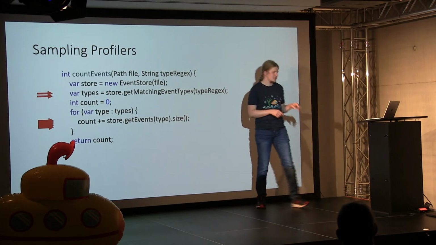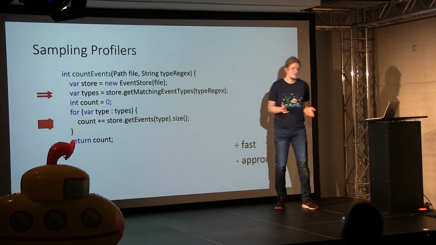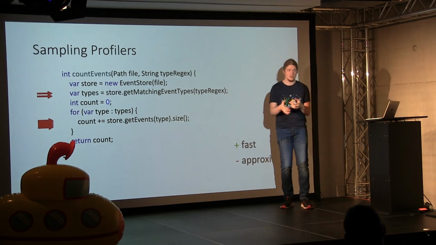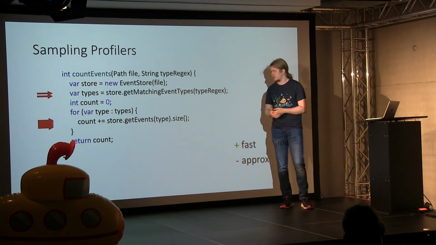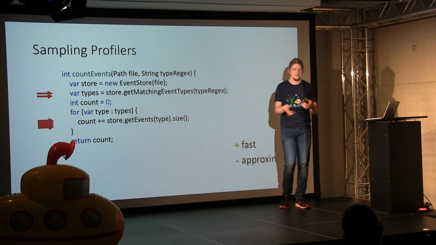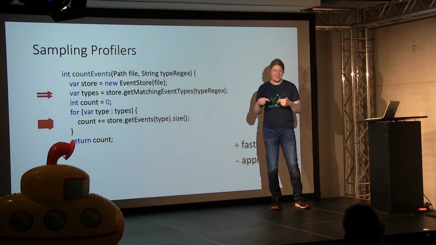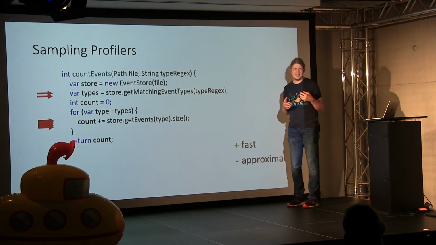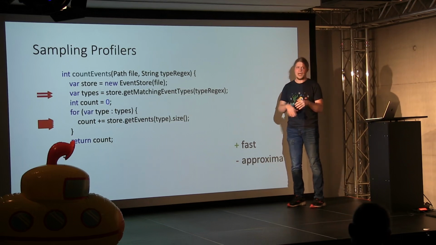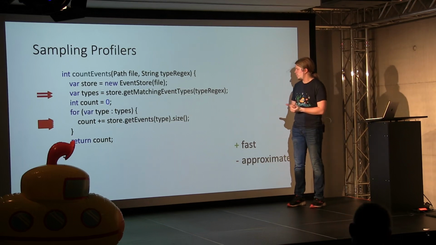And this has the advantage that it's fast. We're only asking the JVM for this information every 10 milliseconds, and not always when it's executing the method. Because in usual programs, when you have a loop and you're executing lots of methods, you would be asking every nanosecond or every microsecond, which really slows everything down, and you get overhead figures of well above 100%.